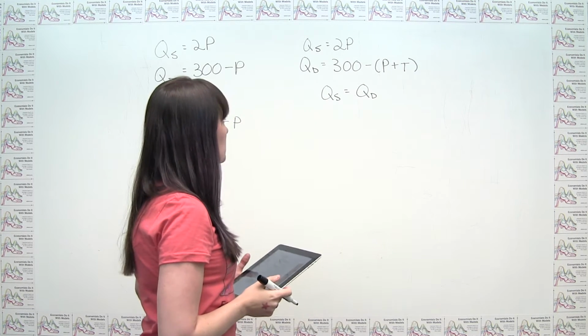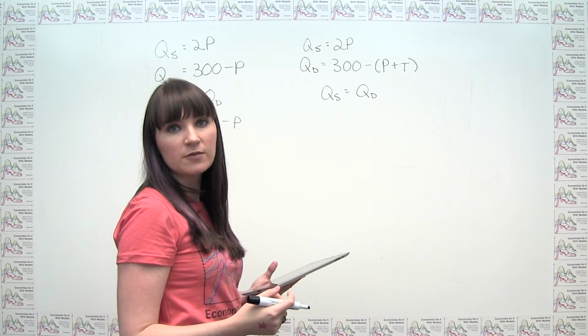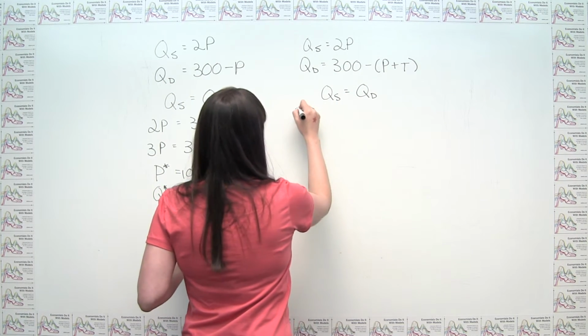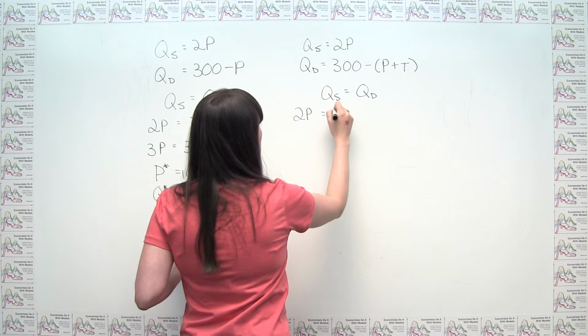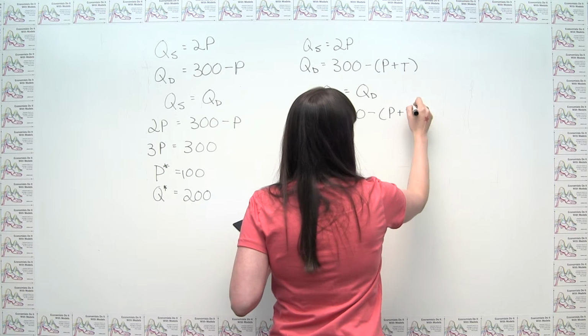Again, we can plug in and solve for P. We just have to think a little bit more carefully this time about what that means. So we can say here 2P equals 300 minus (P plus T).